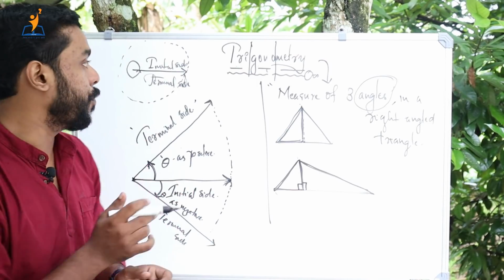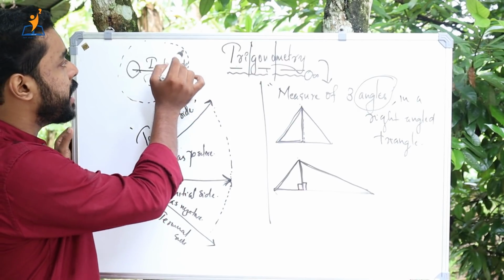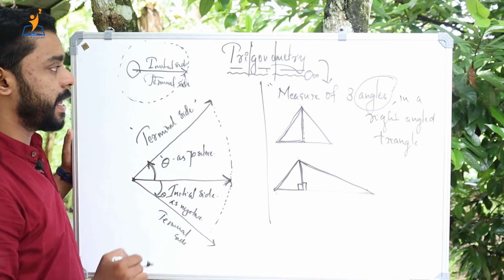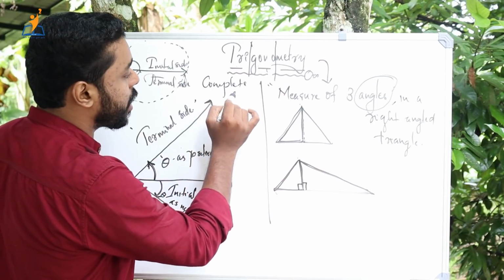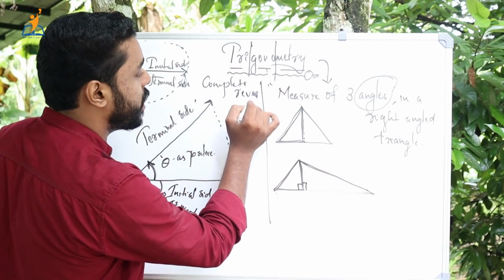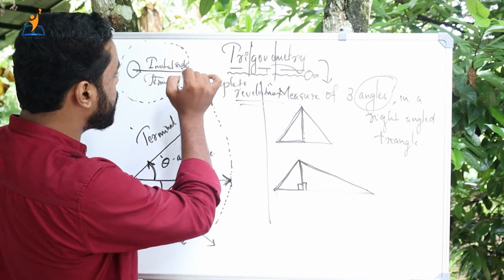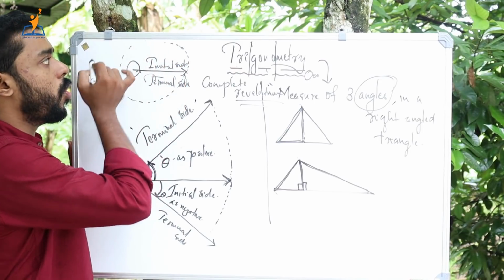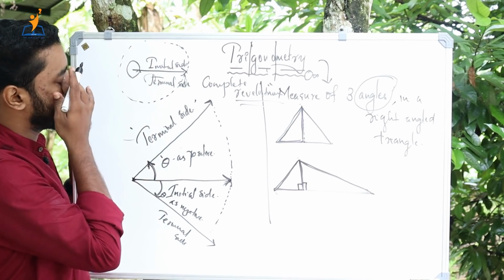A complete revolution means starting from here and rotating to reach back here. This is very important to remember: a complete revolution means beginning a ray from the initial side and rotating all the way around to reach back to the terminal side.